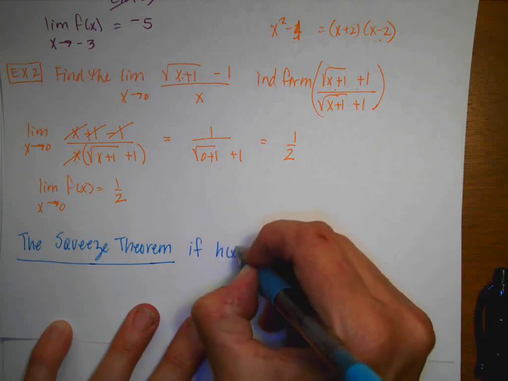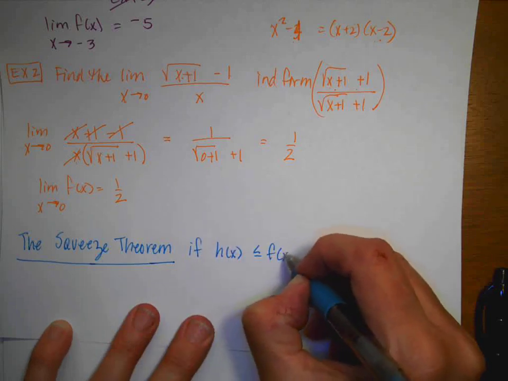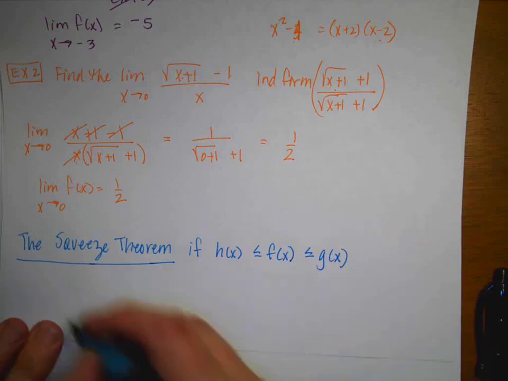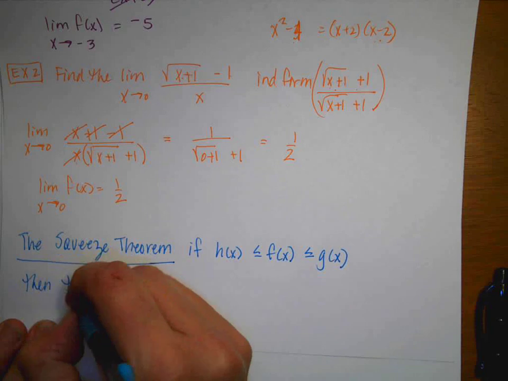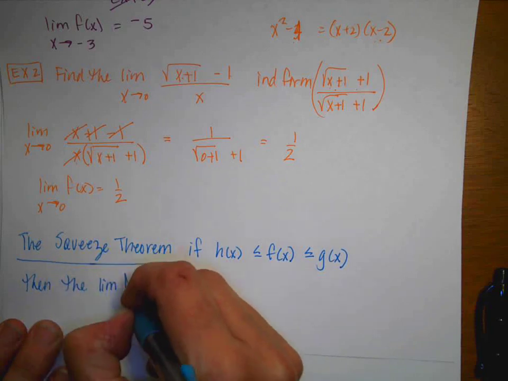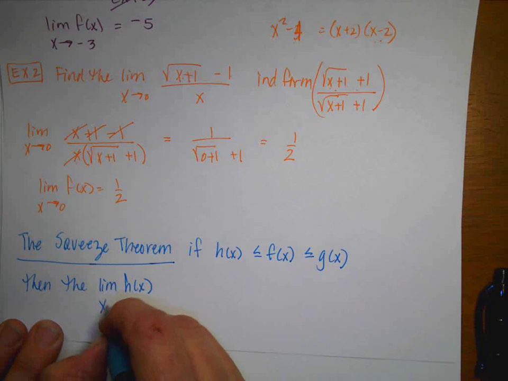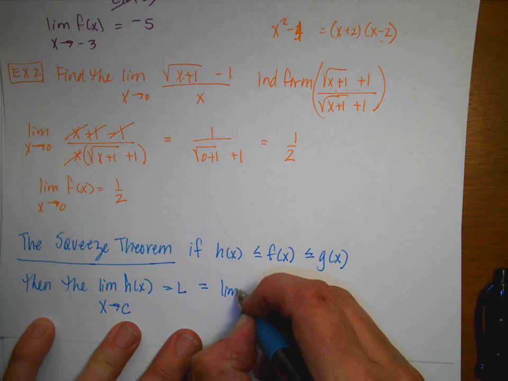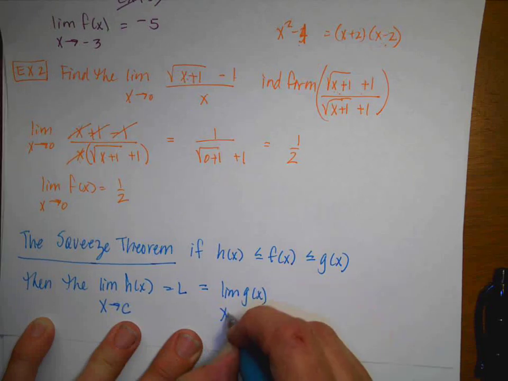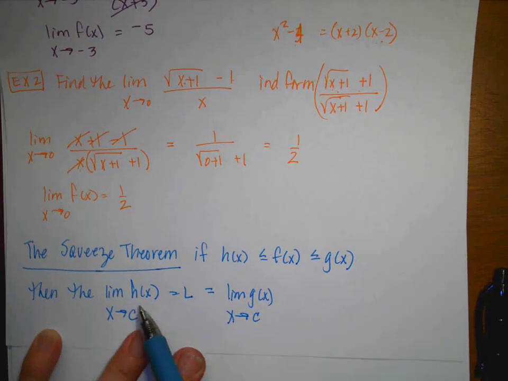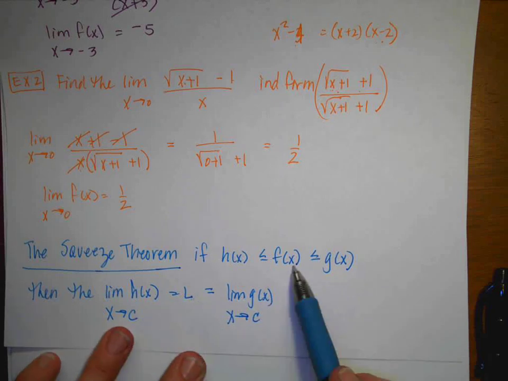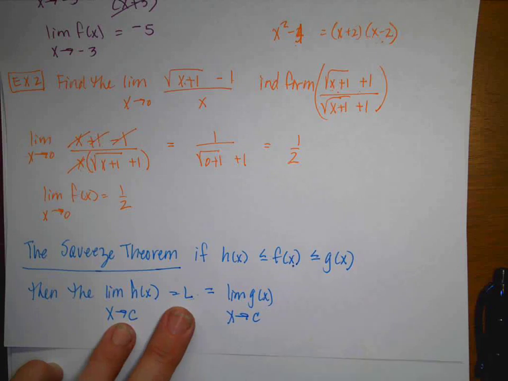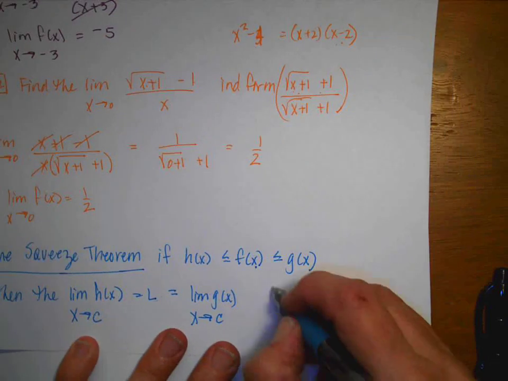So it says if one function is less than or equal to another function, which is less than or equal to yet another function, then the limit of h of x as x approaches c is equal to L, which is equal to the limit of g of x as x approaches c. And remember, as we have defined limits, L has been the limit of the guy in the middle. So f of x is in between, which is why it's called the squeeze theorem.